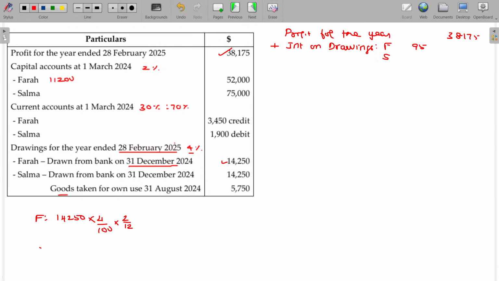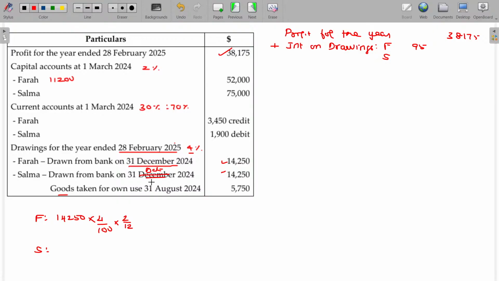In case of Salma, drawings are also the same. Now this is not December, probably October.